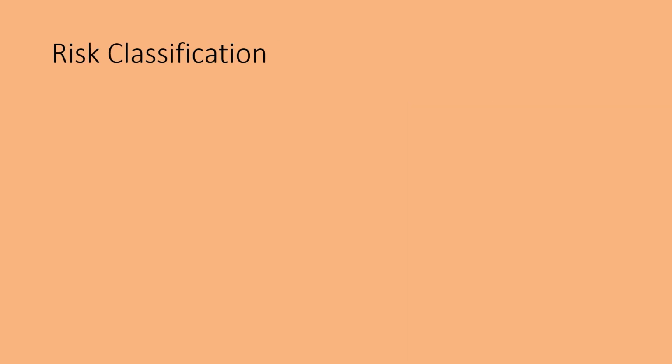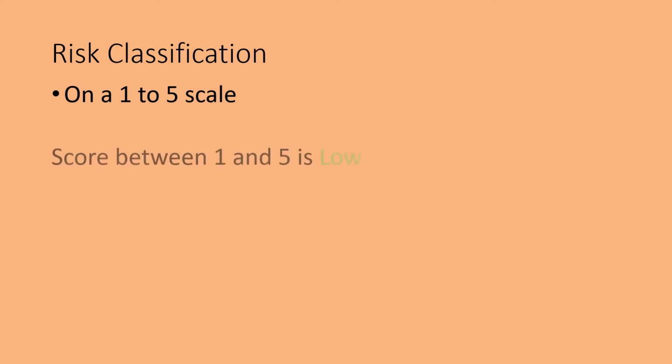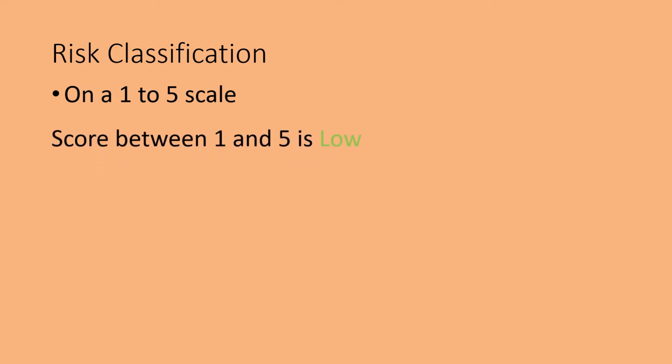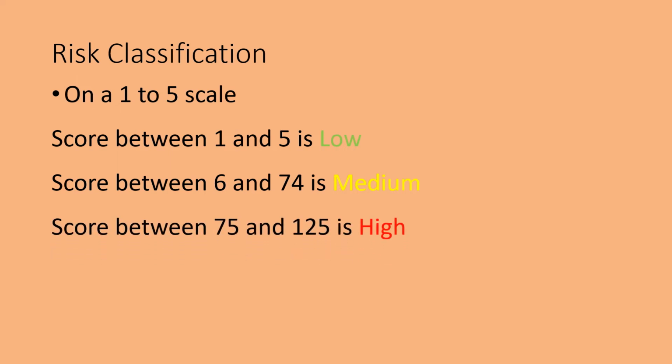So based on the multiplication product of S, P and D, the risk classification is done in the following way. On a 1 to 125 scale, the score between 1 and 5 is considered as low risk. The score between 6 and 74 is considered as medium risk, and the score between 75 and 125 is considered as high risk.